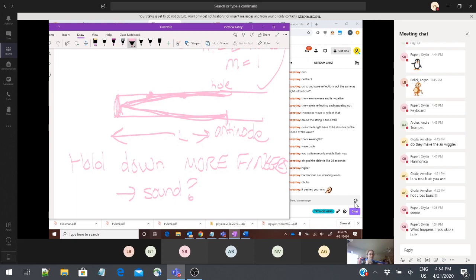So you're going to get, I think, some weird... Yeah, I think it was just that one that I picked because it happened to be like the halfway. If I skip some random other hole, mostly the same. It affects the harmonics, I think, more than anything else. All right, tell me what happens if I hold down more fingers while I find my tin whistle.